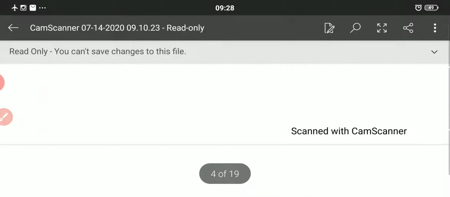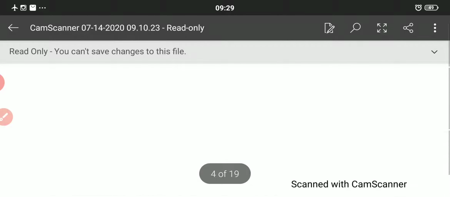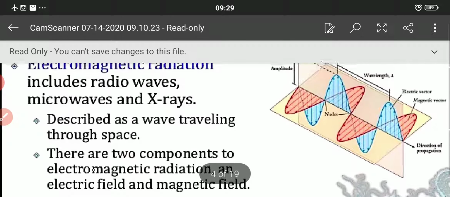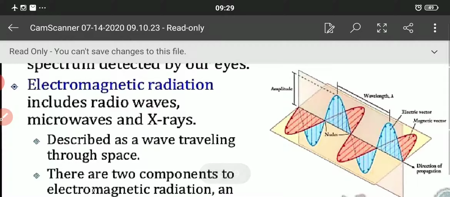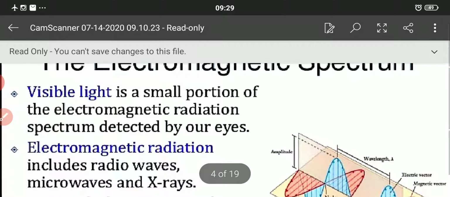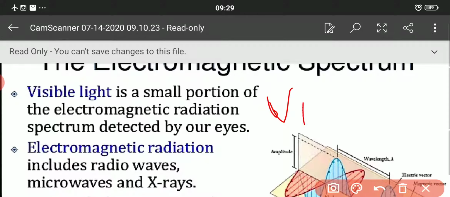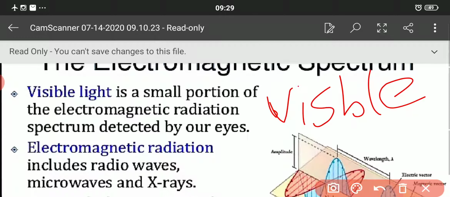So in the electromagnetic spectrum, only the light having wavelength in the visible portion, meaning radiation that can be seen by our eyes, we can detect.